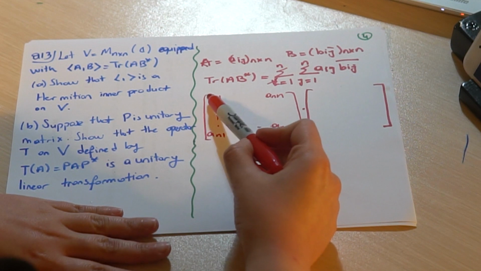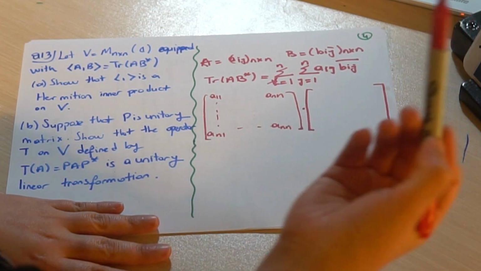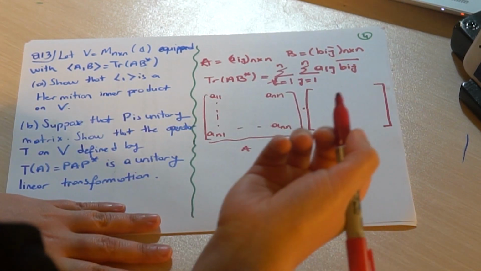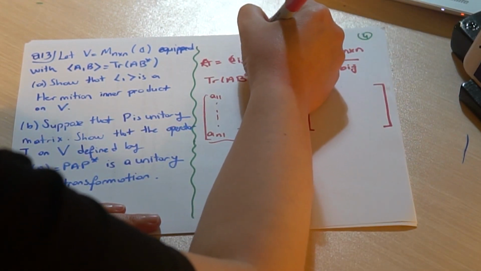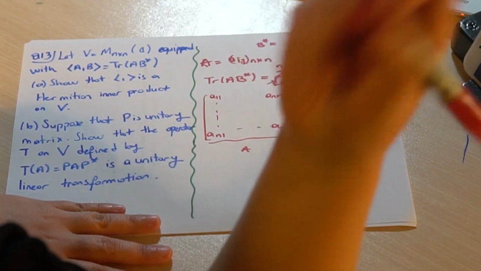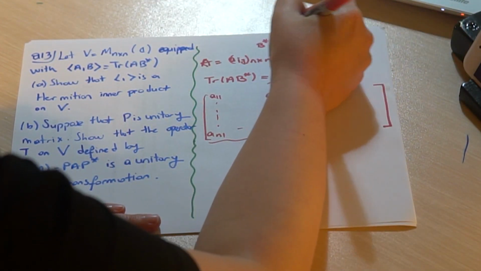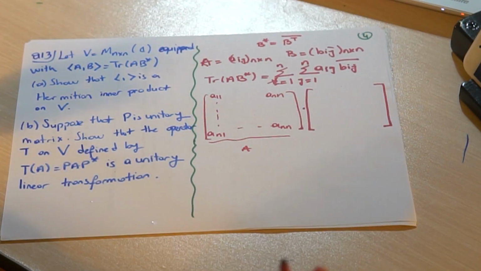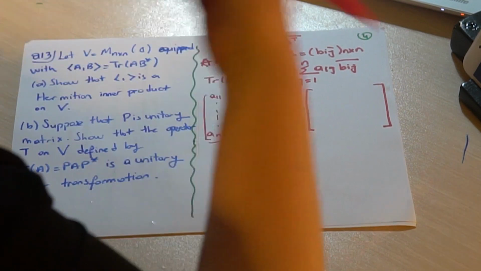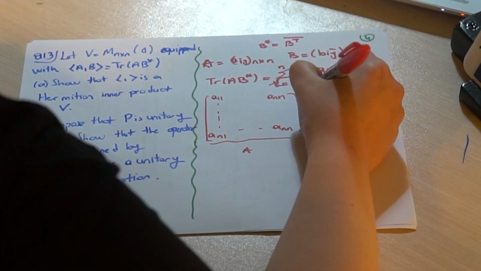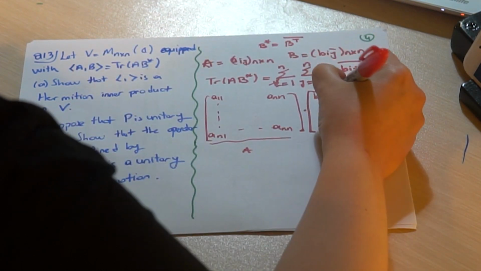The entries of A are A11 up to Ann, An1, and so on. This is the A, right? And B adjoint is B transpose conjugate, or B conjugate transpose. So the entries of this one, at the 11 position we have B11 conjugate.